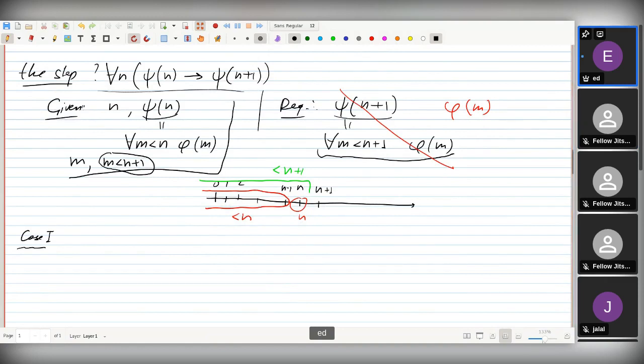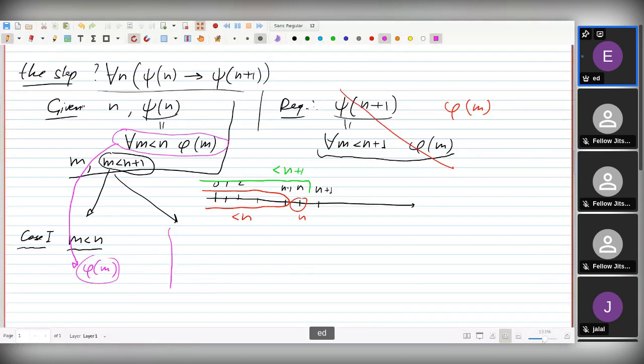So we have two cases. The first case is when m is less than n. Ha! But in this case, I have already known that phi of m holds. It holds for every number less than n. M is less than n, so phi of m. That's all. We are done here.